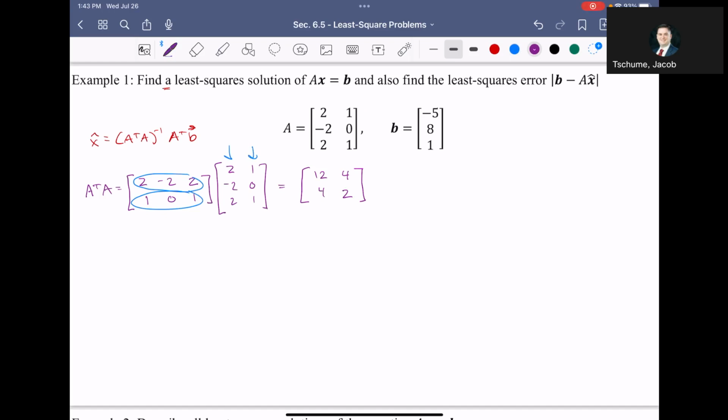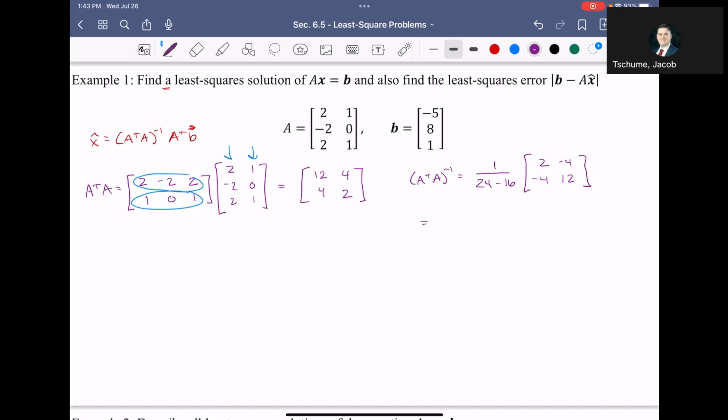Now you want to find its inverse. So A transpose A's inverse, since it's a 2 by 2, we can use our formula. That would be 1 divided by the determinant of A transpose A, which would be 24 minus 16. Remember, you're going to interchange the main diagonal and you're going to negate the off-diagonal.